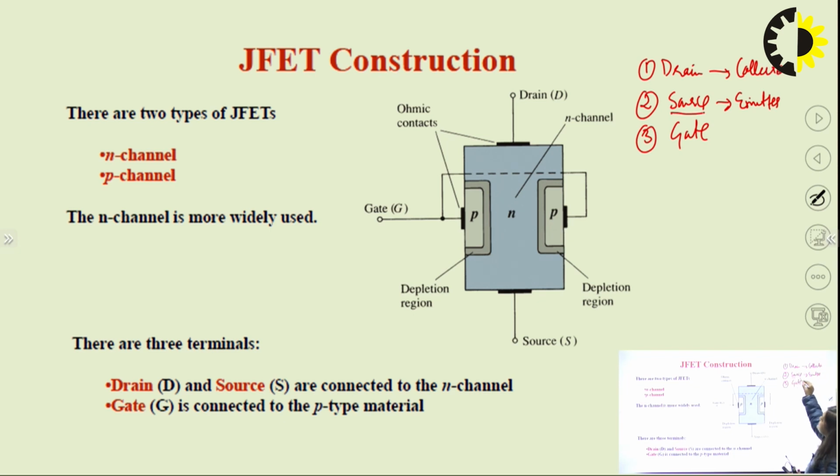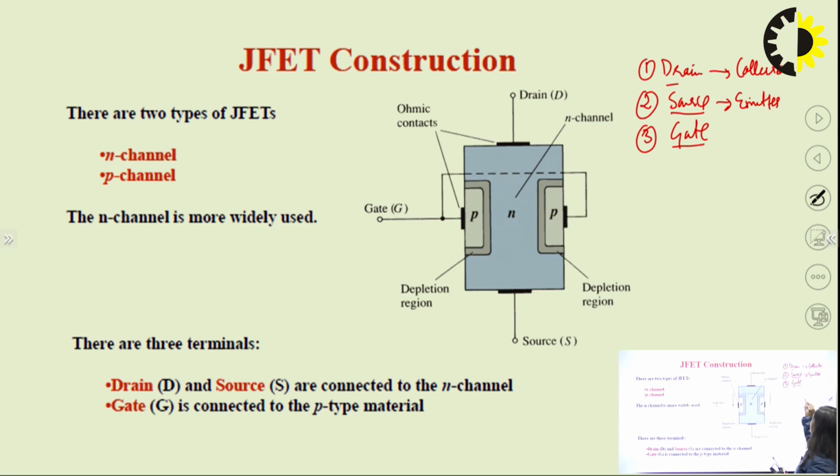Source emits the charge carriers. If it is N channel, then the majority charge carriers are electrons. So electrons will be emitted from the source, and the drain is like a collector. It will collect all the majority charge carriers emitted from the source. And the gate will control the flow of the charge carriers between the drain and source.